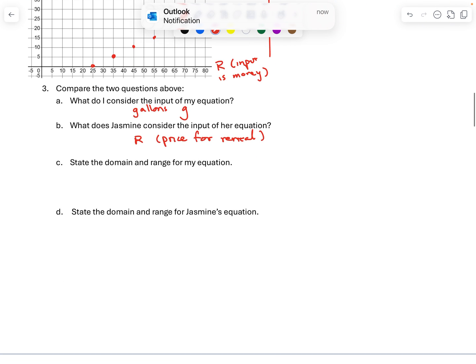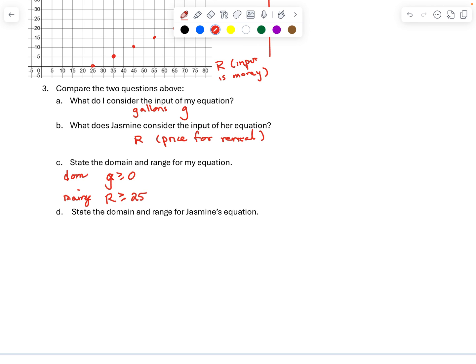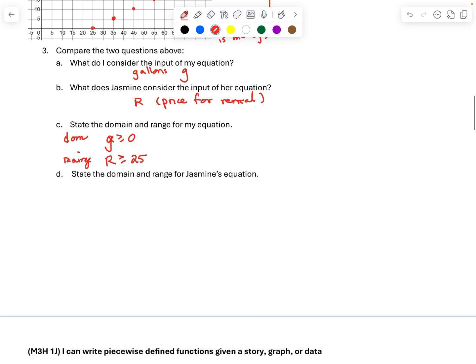If you look on my particular thing, it says my domain. If you look on my picture, it's just going to be g greater than or equal to 0. And then the price is going to be for the range. So domain, range, going to be at least $25. So that's a y-intercept in my curve. She has an x-intercept, so Jasmine has an x-intercept of $25 and a range that just goes up from 0 gallons.